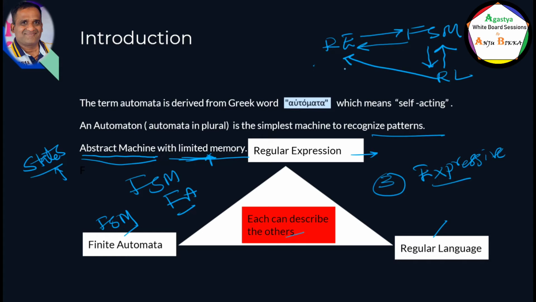If you have a regular language, you have a corresponding regular expression, and if you have a regular expression, you have a corresponding regular language. So this is the meaning of it. All these are one and the same, having the same expressive power, different ways of representing. We can convert from one to another.